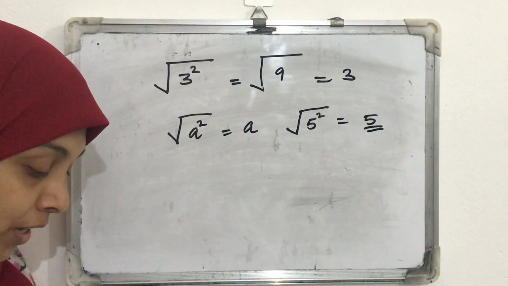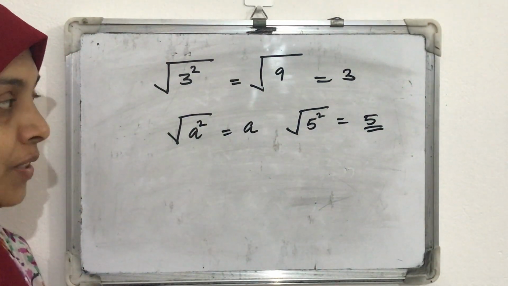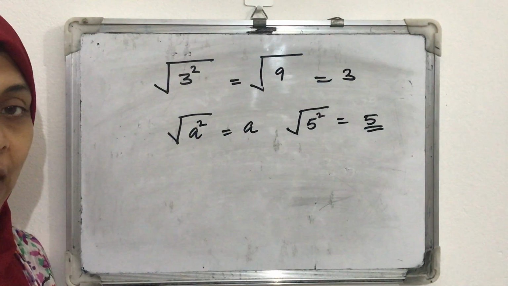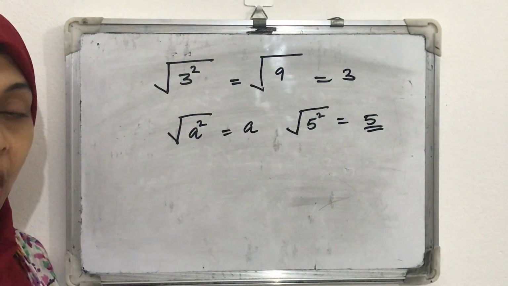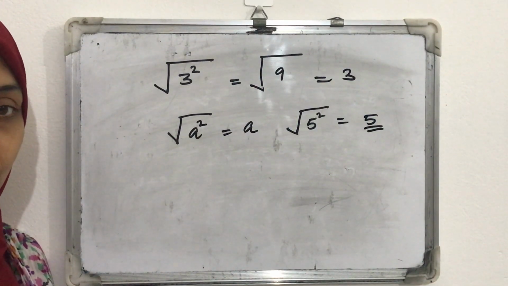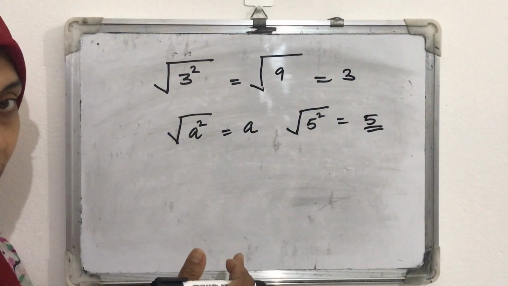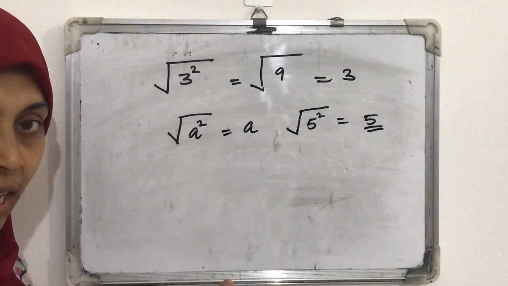Okay, that is very simple. Next question. Find root 36 using the repeated subtraction method. For that question, most of you did the repeated subtraction, but after that you didn't answer the question. We want to find the square root. We subtracted 36 minus 1, 35, then 35 minus 3, like that.